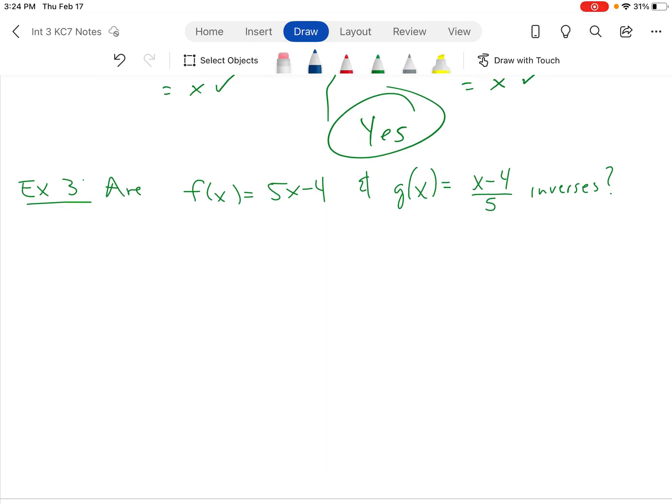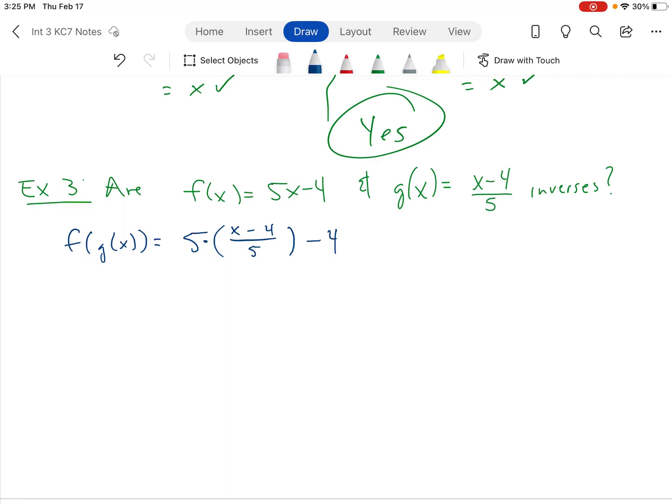All right, last one. Again, pause the video. Try to do this on your own before I give you the answer. So I want to look for f of g of x. I'm going to write my function, 5 times something, minus 4. In parentheses, I am going to put in all of g of x, which is (x minus 4) over 5.